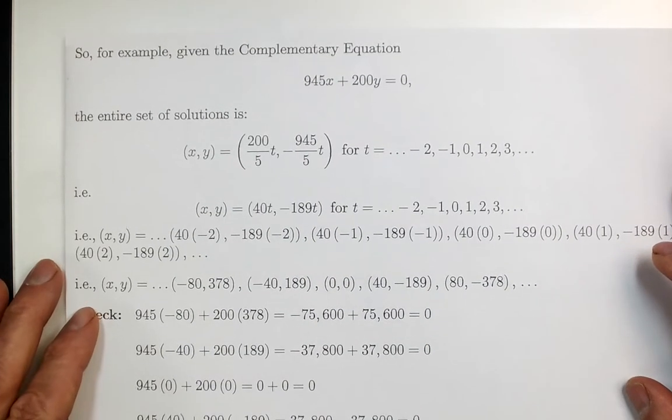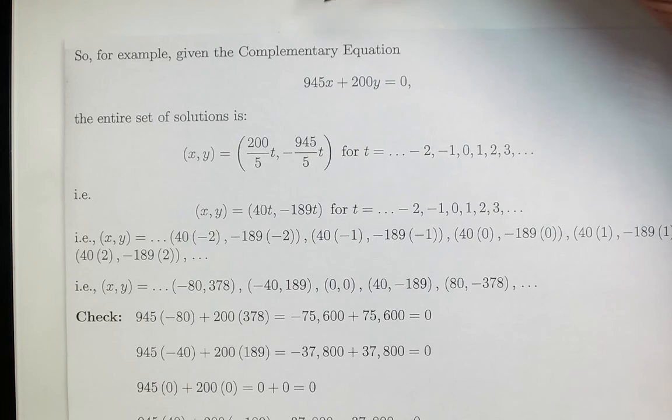Now, getting back to something that we did earlier, that we had 945x + 200y = the greatest common divisor of a and b. So consider the related complementary equation, 945x + 200y = 0.